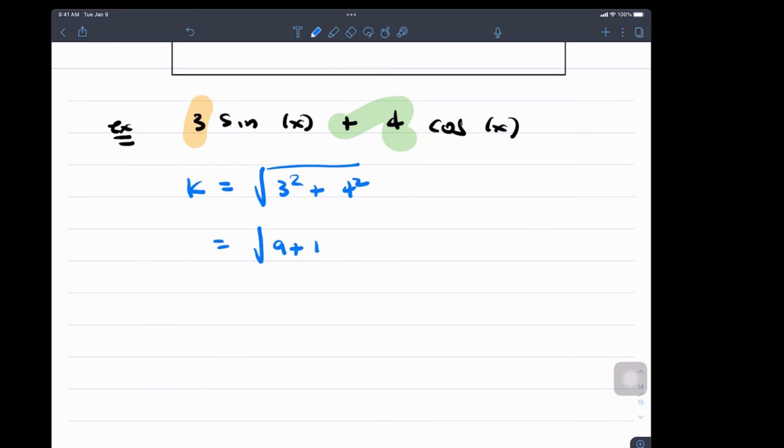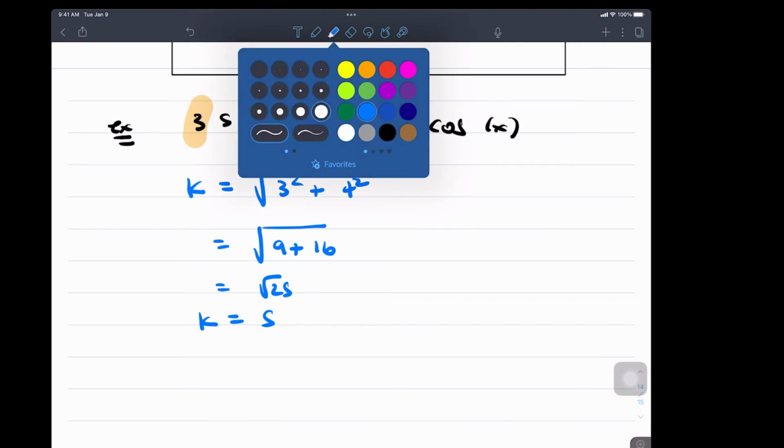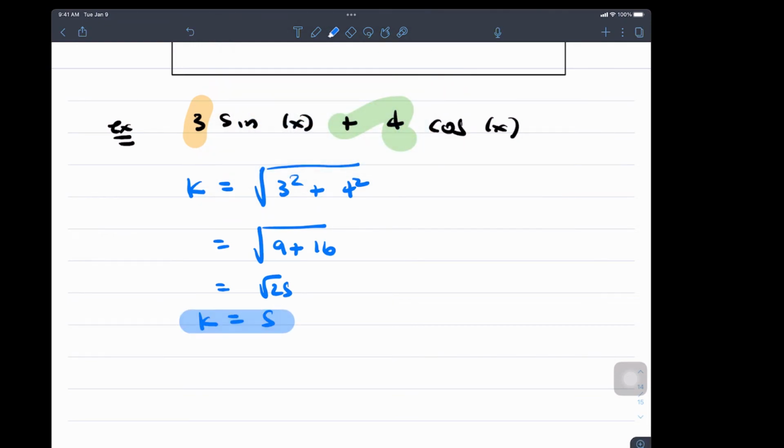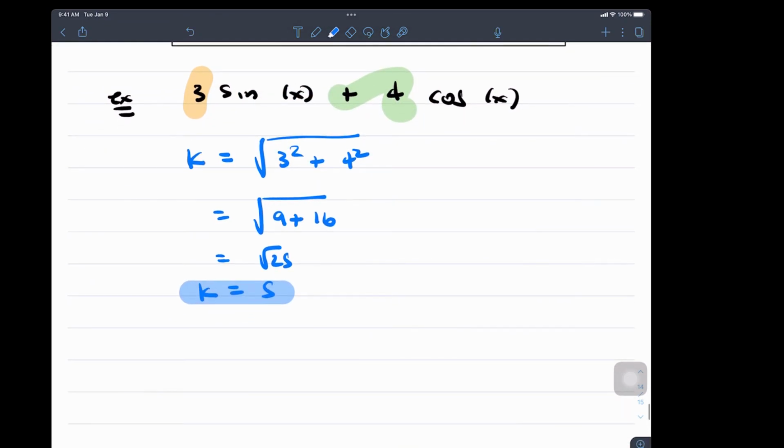Square root of 9 plus 16. What's 9 plus 16? So this will be 5, okay? K is 5. Okay, you guys okay with that? Easy breezy lemon squeezy?